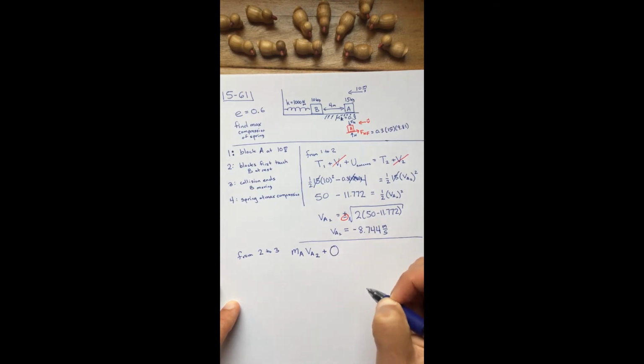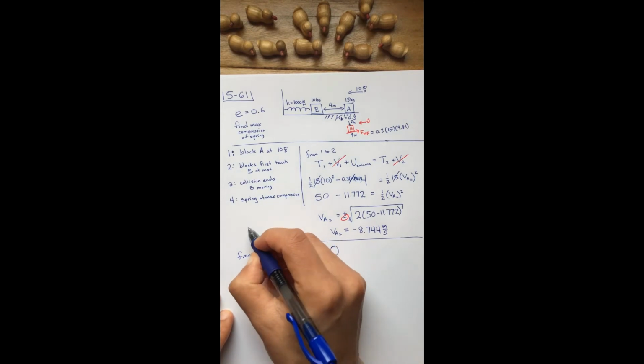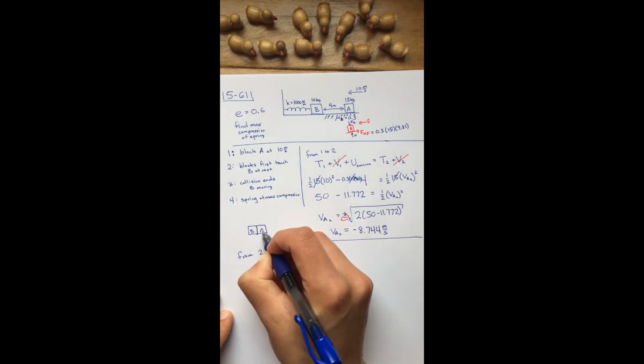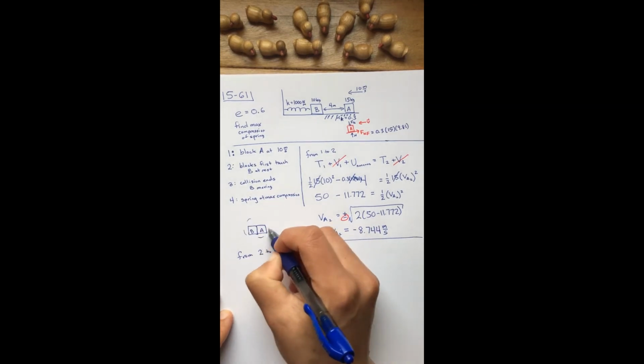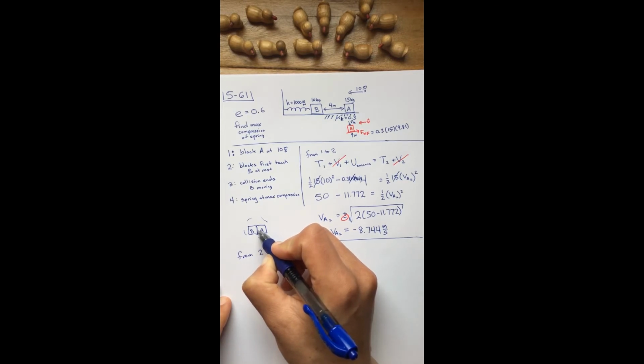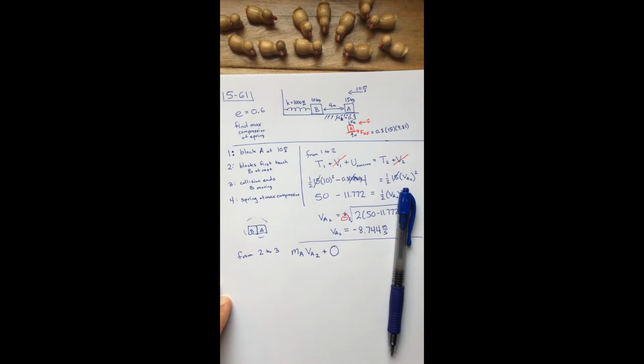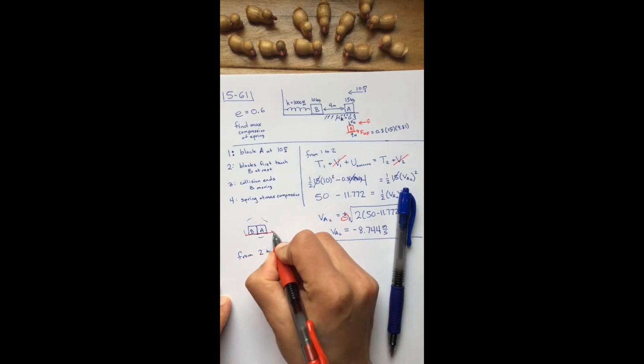So the momentum of block B is 0, plus the impulse. Now, if you look at the forces acting on the two blocks during the collision, you have the normal forces between the two objects, which are equal in magnitude and opposite in direction. So if you look at block A and B together, the impulse from the normal forces will be 0. You also have a force of kinetic friction going this way.